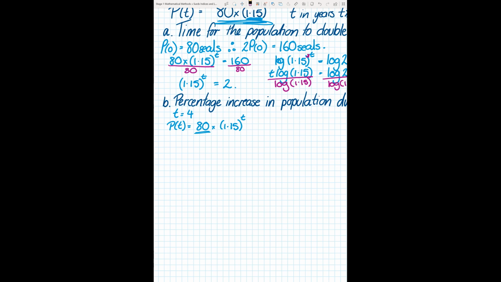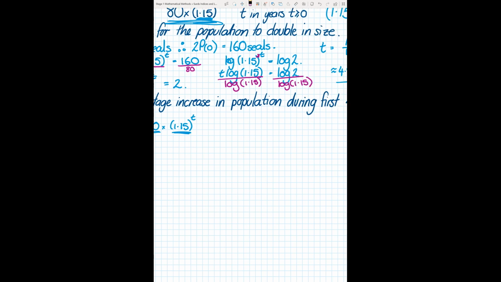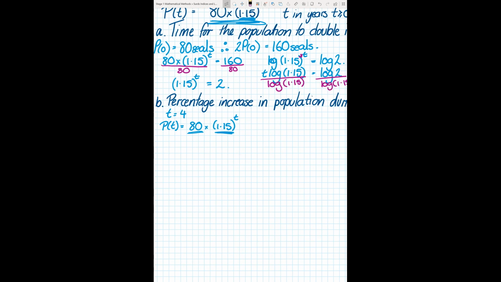This part of the term doesn't change. The increase or decrease is always governed by this part of our relationship. So if we put 1.15 to the power of 4, we get approximately 1.75.